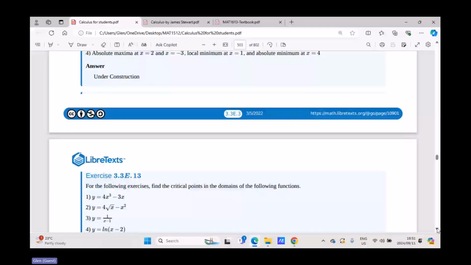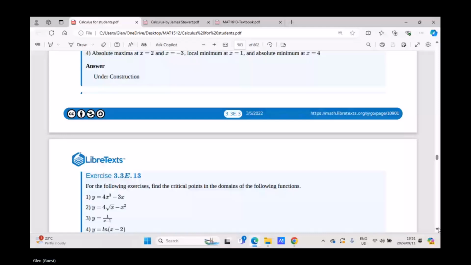Maybe for me to try to help you out, please write down the following. Please write y is equal to ln open bracket x minus 2 close bracket.